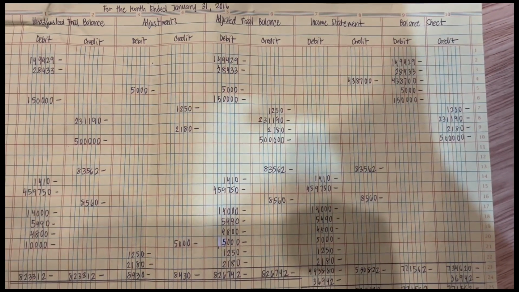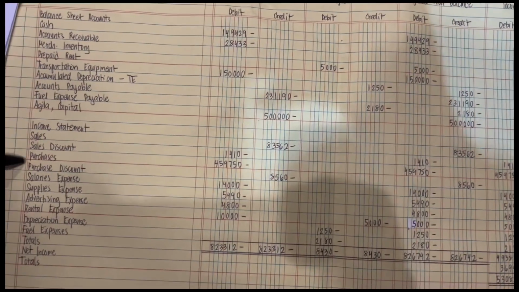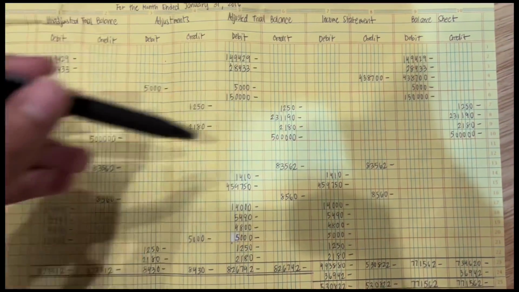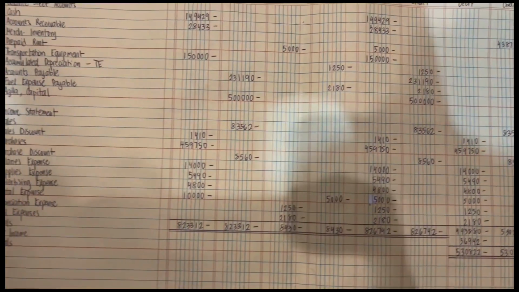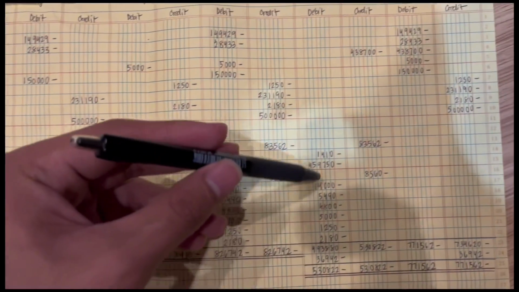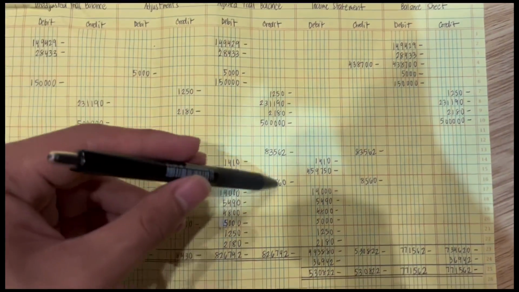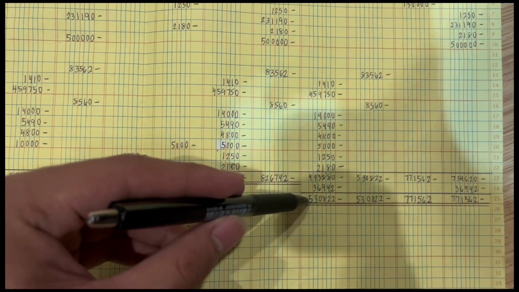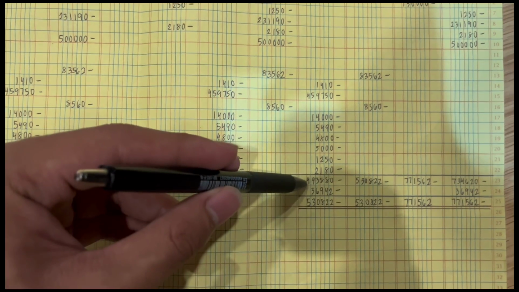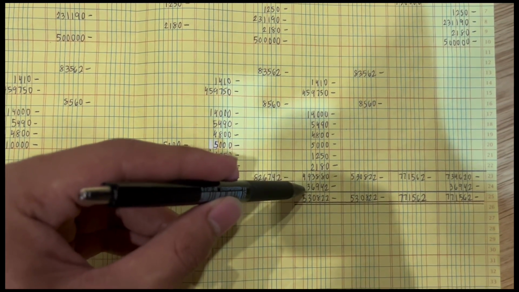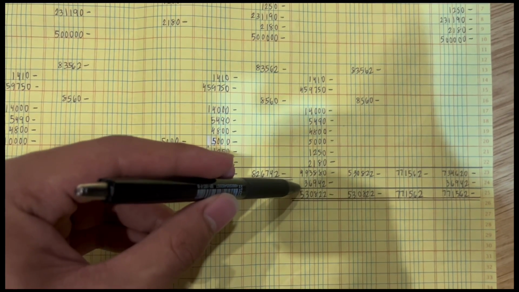We can see the total of the sales account is included in the income statement, and all of the expenses are also included in the income statement. The totals will result in the net income or net loss. Here we have the net income.